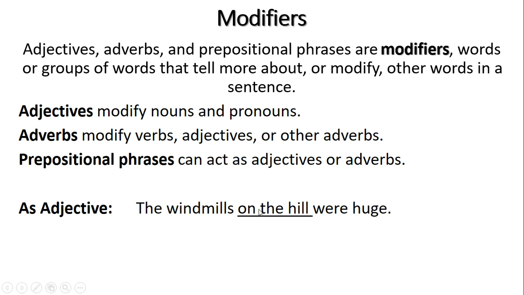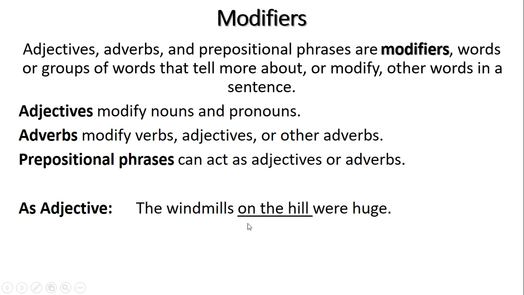For example, here's my sentence. The windmills on the hill were huge. The sentence is basically the windmills were huge. The words on the hill are my prepositional phrase because it starts with a preposition, which is on, and it goes all the way until you get to the noun, hill. On the hill is the prepositional phrase. Now, what exactly is on the hill? Is huge on the hill?